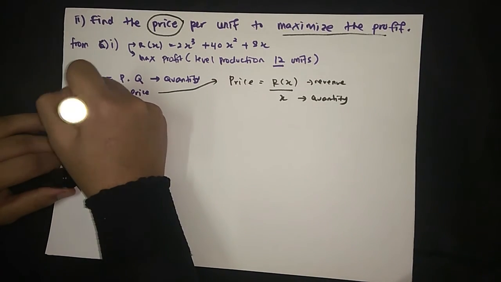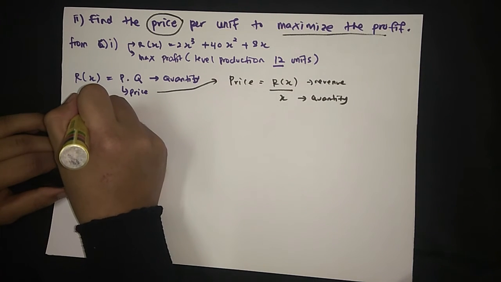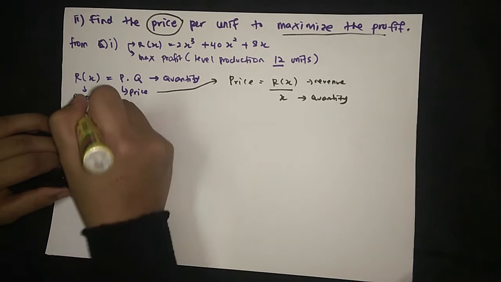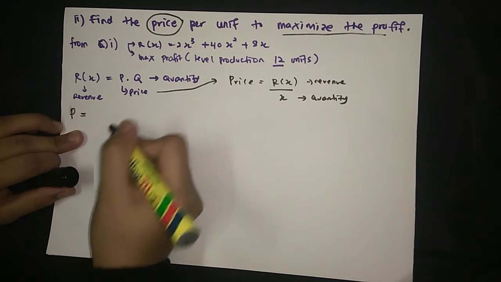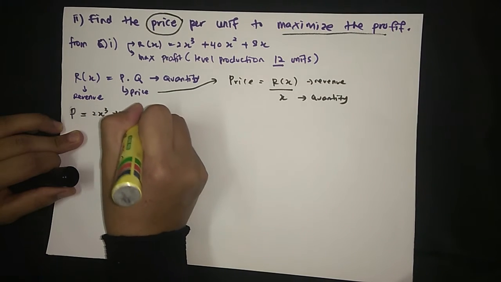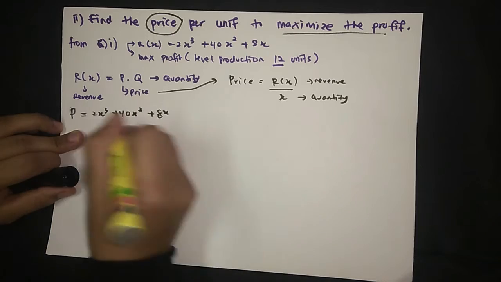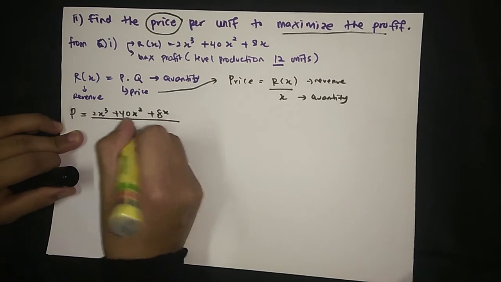So we write down using the function given. Price equal to R(x), which is 2x cubed plus 40x squared plus 8x, divided by x.